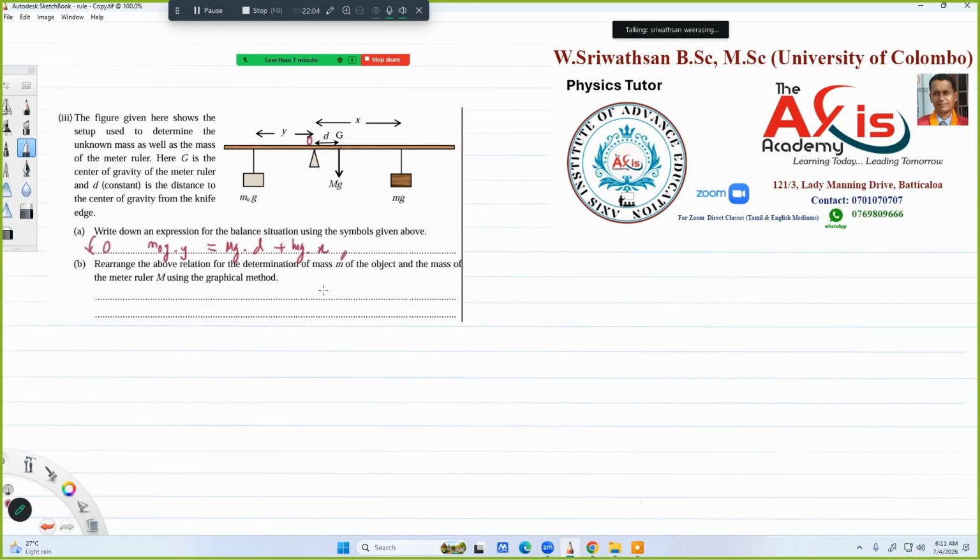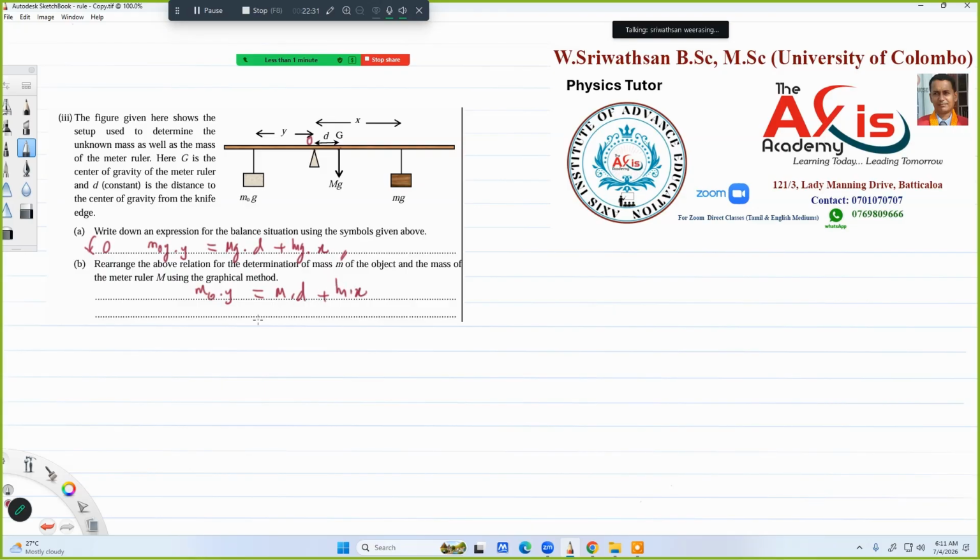Rearrange the above relation for the determination of the mass m of the object and the mass of the meter ruler. In this case, we need to find the unknown mass m as well as the mass of the meter ruler, right? So we have to rearrange this. How can we rearrange? m naught into y is equal to capital M into d plus small m into x.